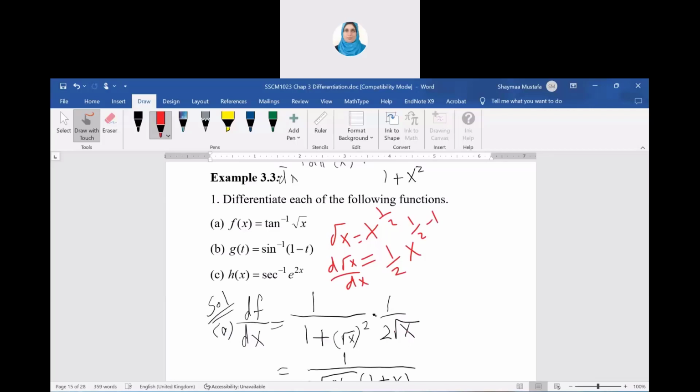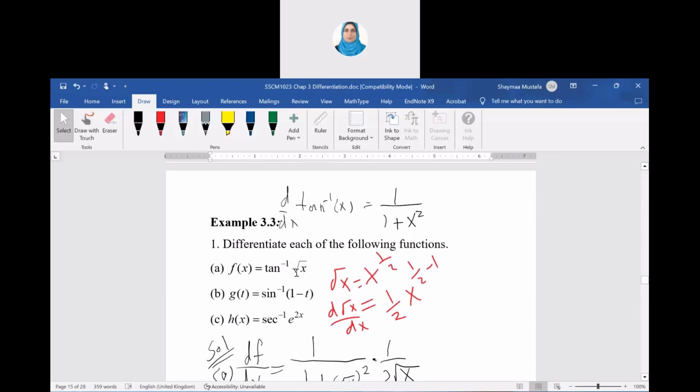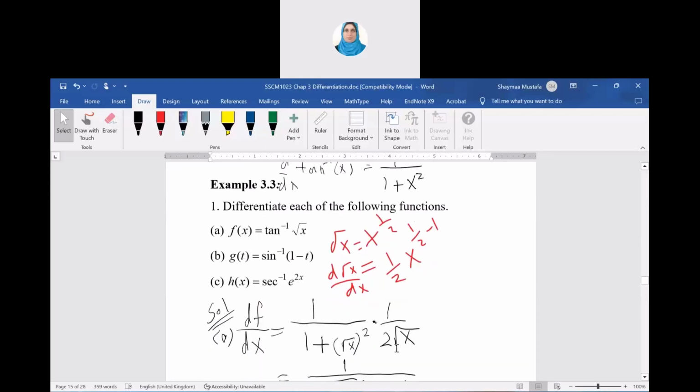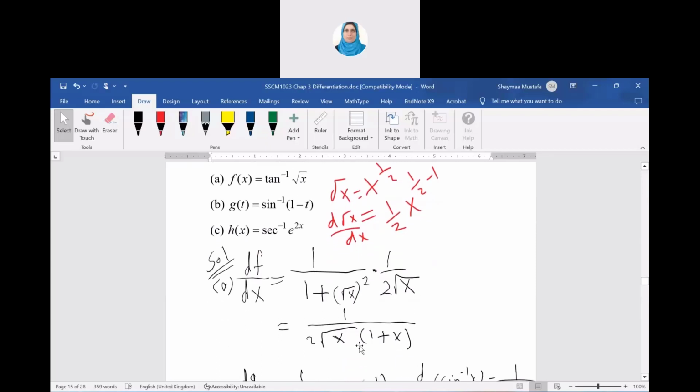Or you can write it as the square root of x below here. This one is equal to each other. So you can keep it like this, it is okay. 1 over 1 plus square root of x squared, applying the rule here. Now you need to multiply by the derivative for square root of x, which is 1 over 2 square root of x.